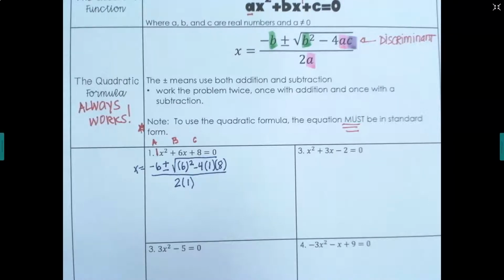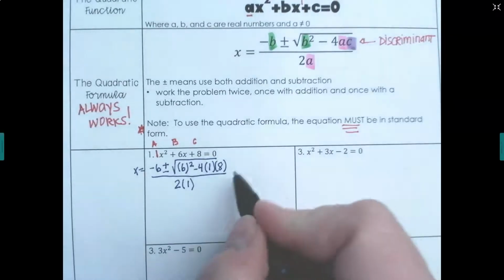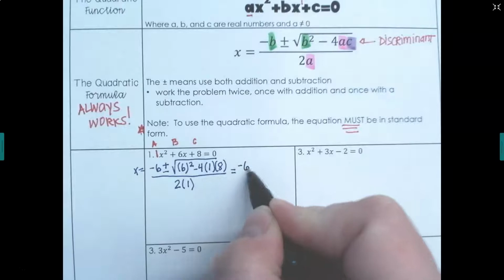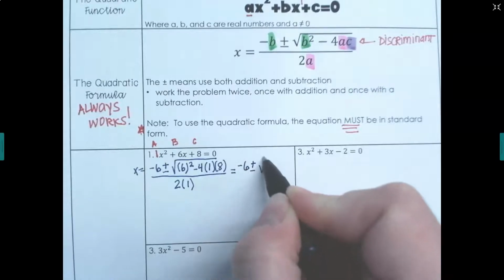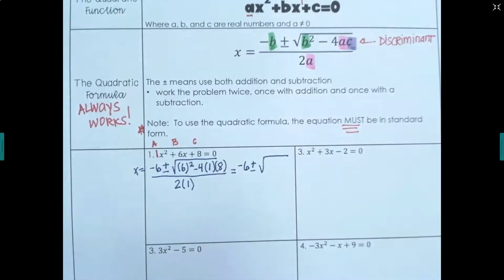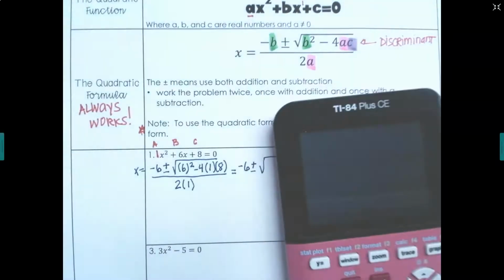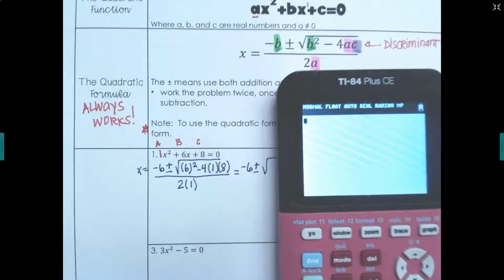So let's start to simplify. I'm going to keep the negative 6 plus or minus. I want to know what the number under the square root is, so I want to know what the discriminant is. Without the square root, I'm just going to get the number. So it's 6 squared minus 4 times a times c, and that gives me 4.